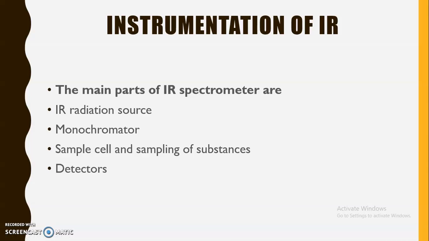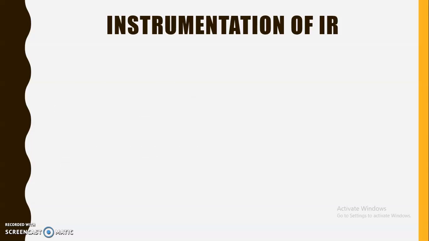But just remember these four components, so that when I explain the instrumentation part, that is, how the instrument of infrared spectroscopy works, you can understand how these components are useful and what the role of these components is.